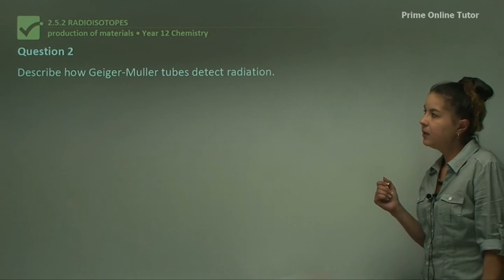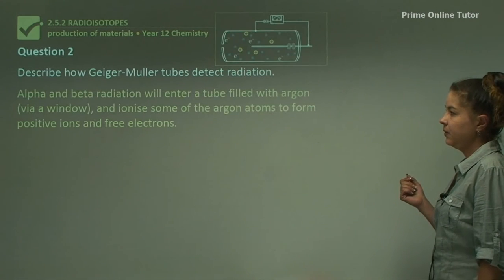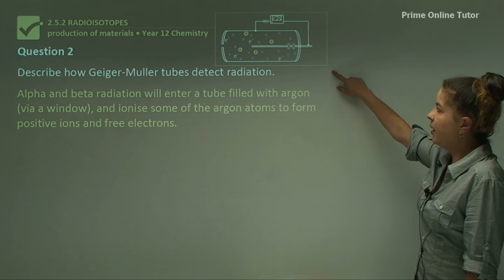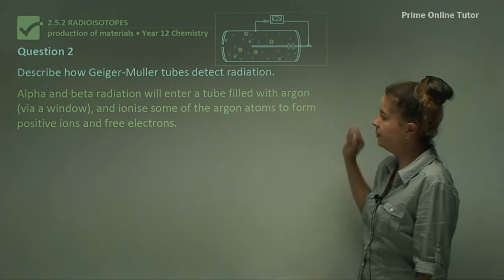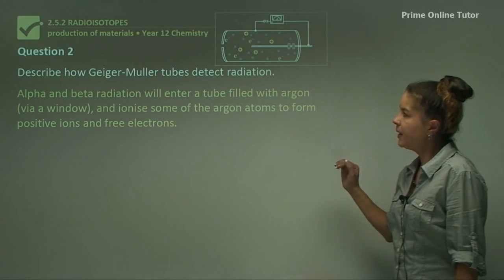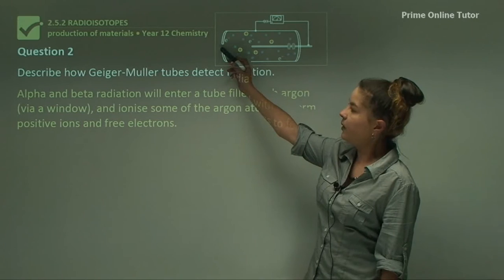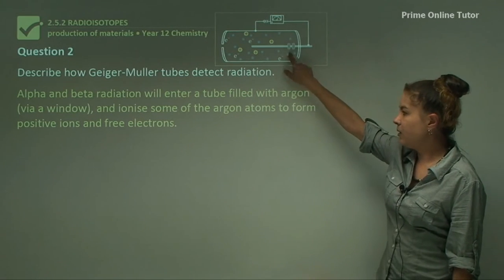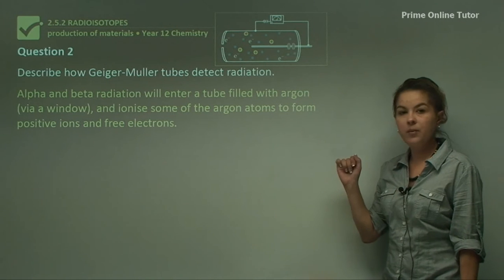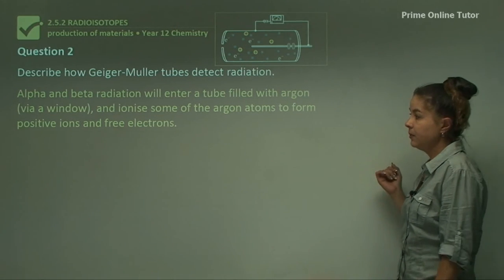Question 2, describe how Geiger-Muller tubes detect radiation. So here's a diagram of our Geiger counter or Geiger-Muller tube. So alpha and beta radiation will enter the tube through this little window here. It's filled with argon gas, and it will ionize some of the argon atoms to form positive ions and free electrons.